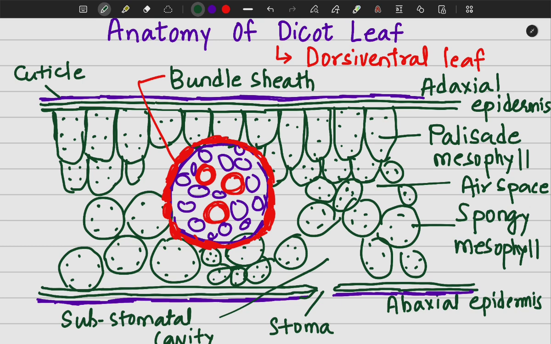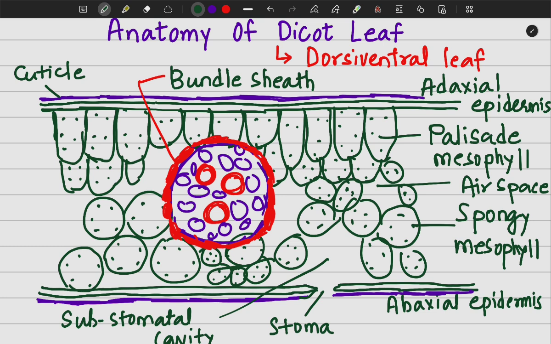Inside the epidermis, the whole of the leaf is filled with mesophyll tissue. This mesophyll tissue contains chloroplasts that carry out photosynthesis and is usually of two types, palisade and spongy mesophyll. Palisade mesophyll is found at the upper epidermis and is made up of vertically and parallelly arranged elongated cells.